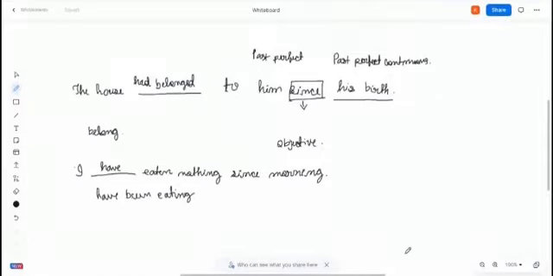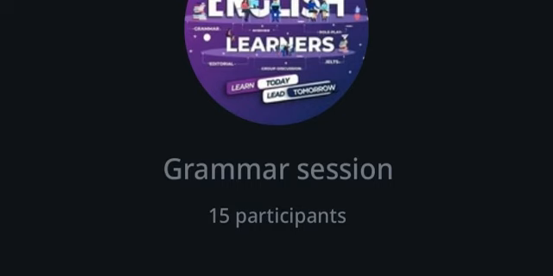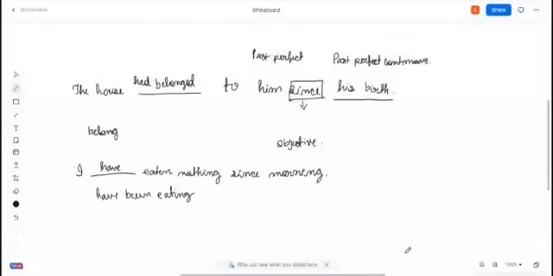I have been eating nothing since morning. Yeah, exactly. But you should not make it in continuous form. Since should put it in perfect, that's why I use have here. Yeah, exactly. But you mentioned the rule that when since comes in a sentence, you have to use only past perfect. Oh, I mean, no, in perfect tense, sorry. I should not use this. Okay, I got it. That's why I got your answer.